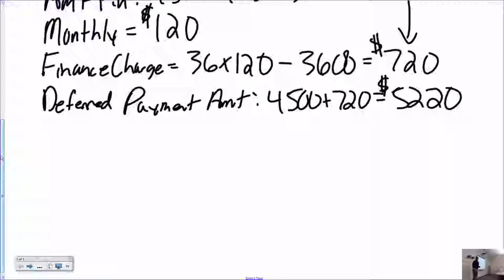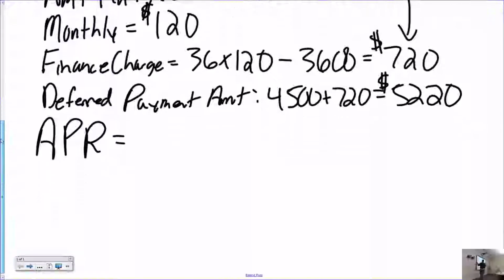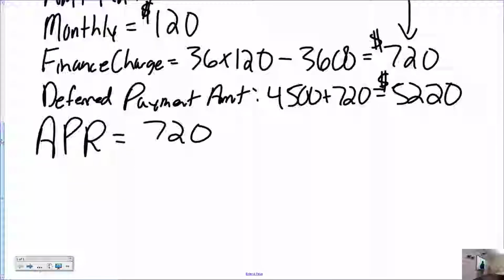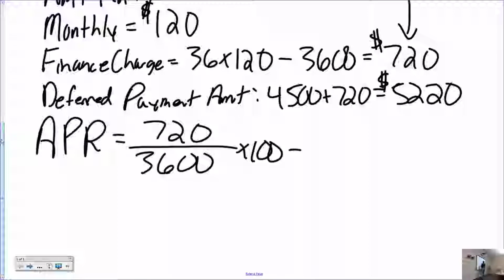Okay. So now, how do you find APR again? What's the technique? Finance charge divided by amount financed times 100. Right?